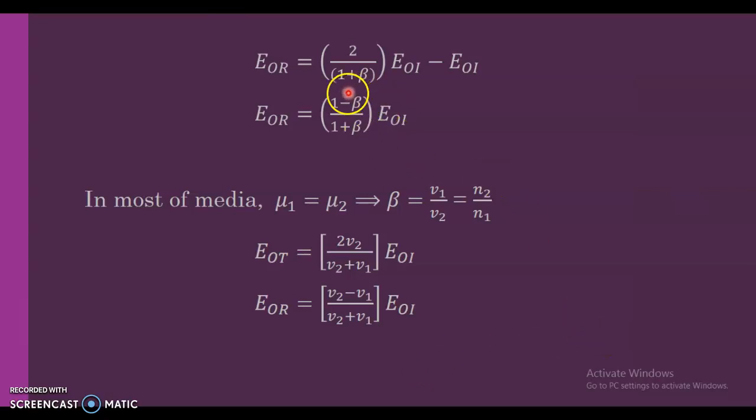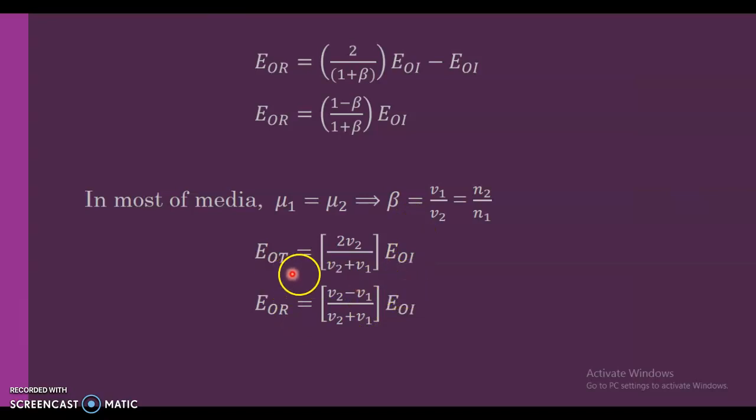What we have done here is just substitute the value for E0t from the above expression, and we obtain E0r in terms of E0i as (1 minus beta) divided by (1 plus beta) into E0i is equal to E0r. So in most of these media, mu1 is equal to mu2. Therefore, we can rewrite the beta expression as beta is equal to v1 by v2 is equal to n2 by n1.